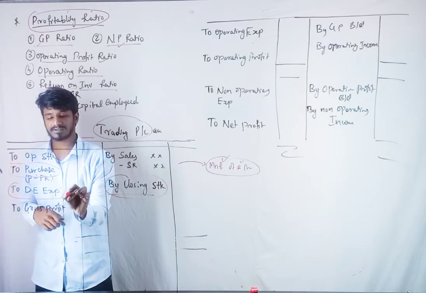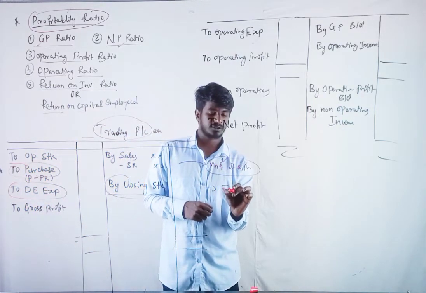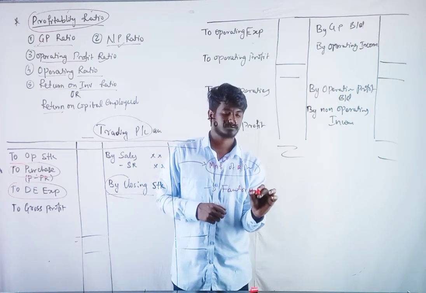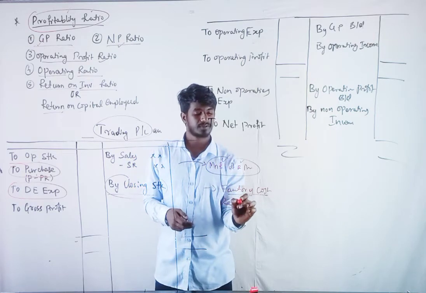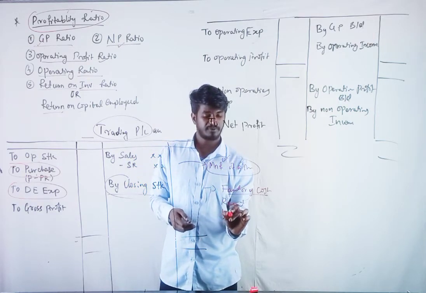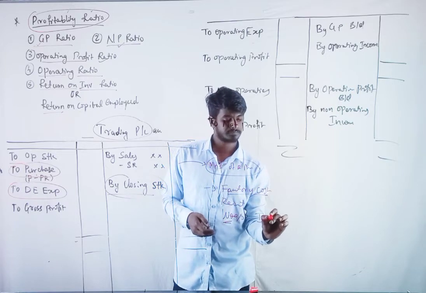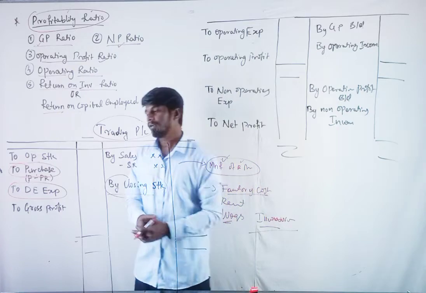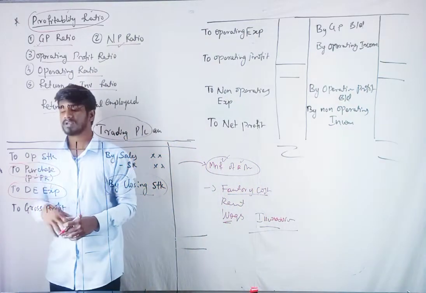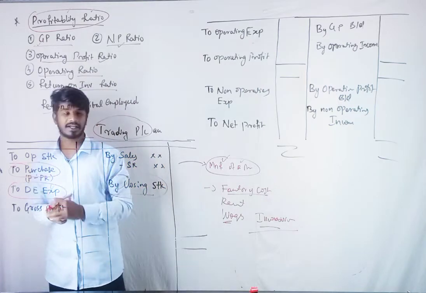And direct expenses like your factory cost, factory rent, factory wages, and carriage inwards, like these direct expenses will be debited in the trading account.